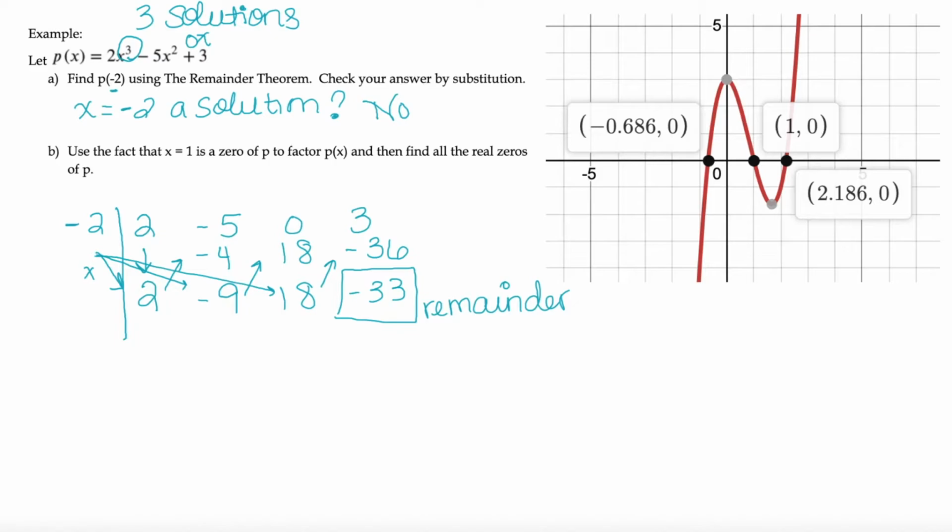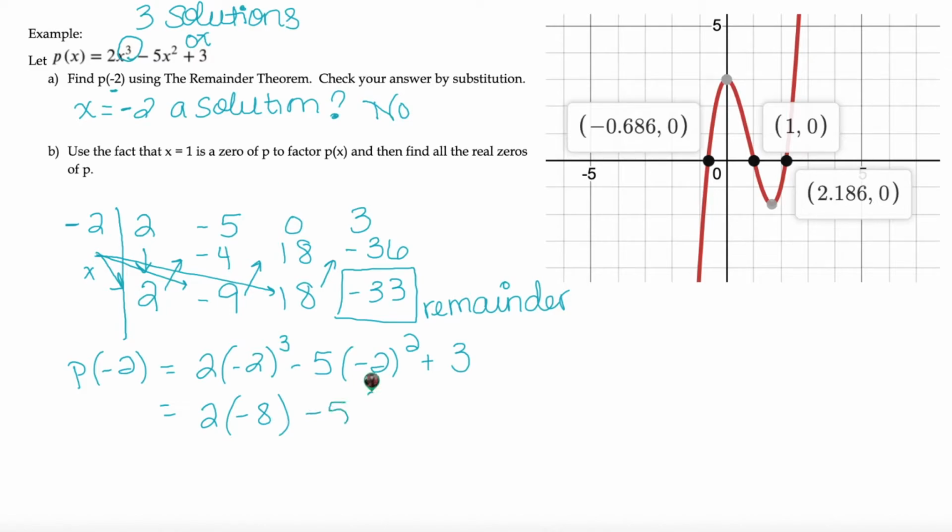Notice also that when I substitute p of negative 2 into the polynomial that's given, so 2 times negative 2 cubed minus 5 times negative 2 squared plus 3, I end up with 2 times negative 8 minus 5 times 4 plus 3. So negative 16 minus 20 plus 3.